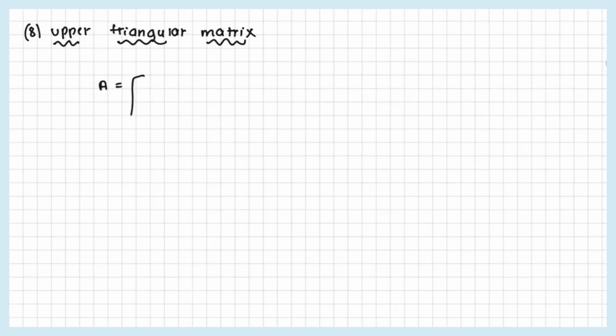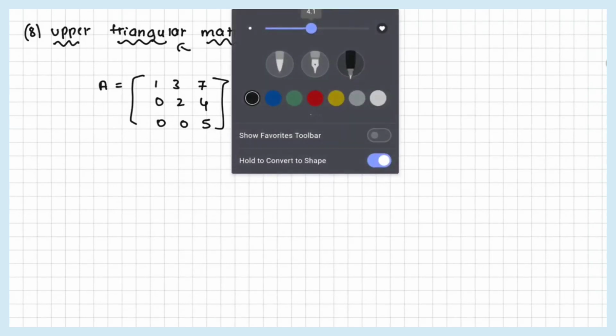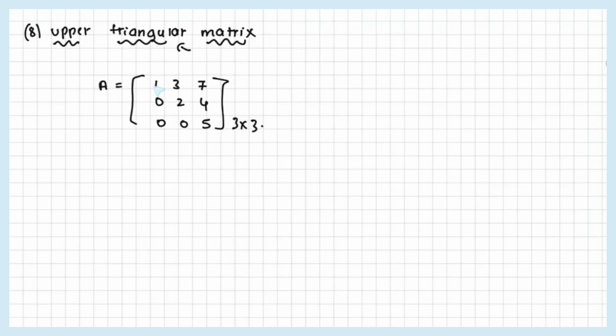A is equal to 1 3 7, 0 2 4, 5 0 0. So it is 3 into 3. What do you mean by triangular? Here we have the given that it is an upper triangular matrix. How to identify it?